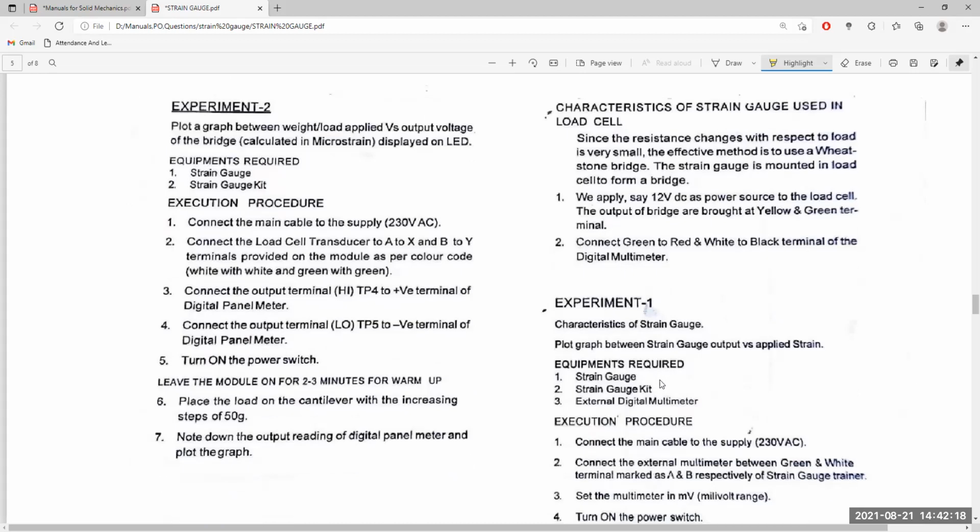The next experiment, number 1, is the characteristic of strain gauge. Plot the strain with the strain gauge operated as per the supplied mains. Equipment: strain gauge, strain wheel, tube.